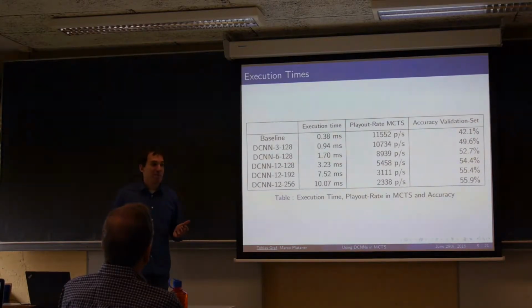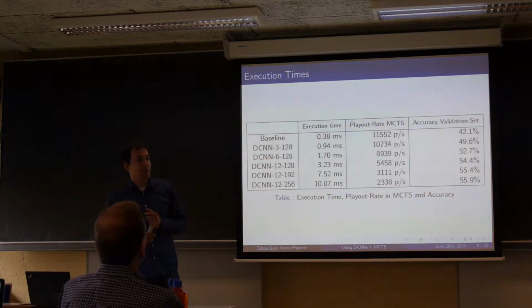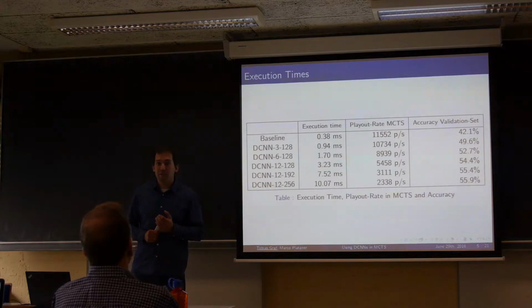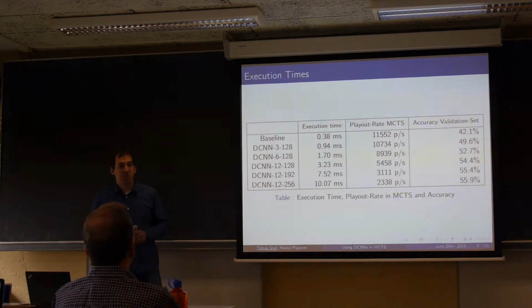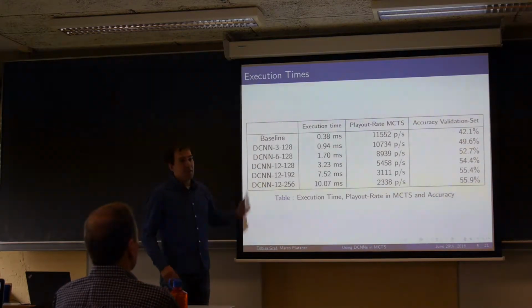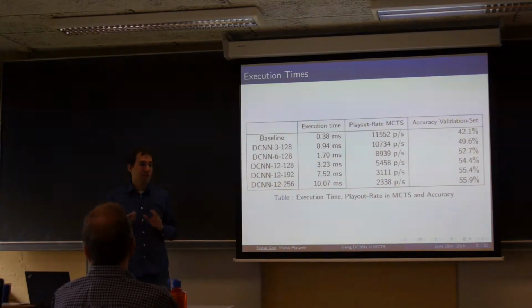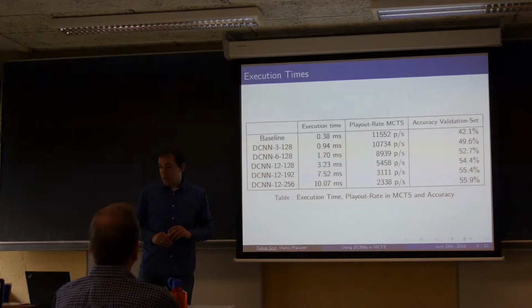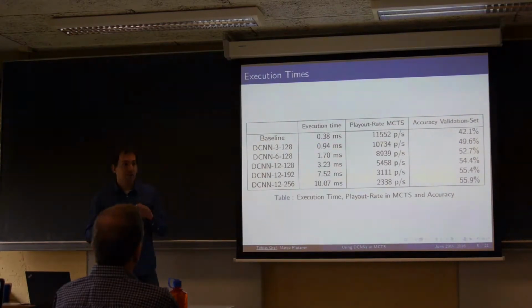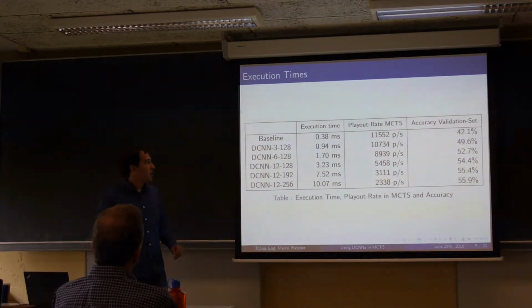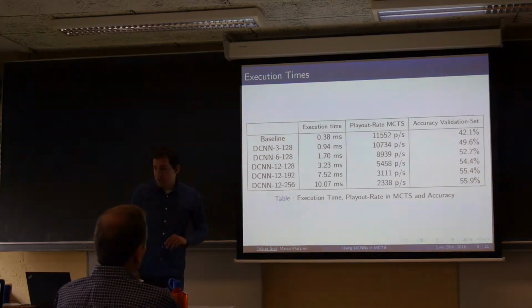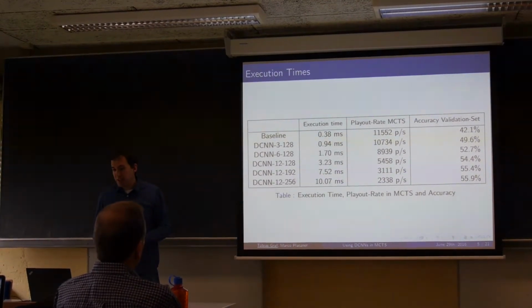The main problem is that deep neural networks require a lot of computation time. Even if you run it on a GPU, it's quite slow. Our baseline uses basic patterns like shapes, and we have some common Fuego graph patterns and so on. The execution time of just the model is 0.38 milliseconds.